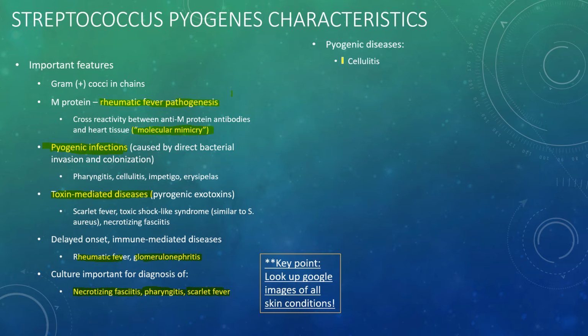So the pyogenic diseases. Let's start with cellulitis. This is the first disease we're going to talk about. So what are some treatments for non-MRSA cellulitis? This depends on if it's systemic symptoms or mild. If it's mild without fever, chills, hypotension, and other kinds of systemic symptoms, and it's caused by non-MRSA.